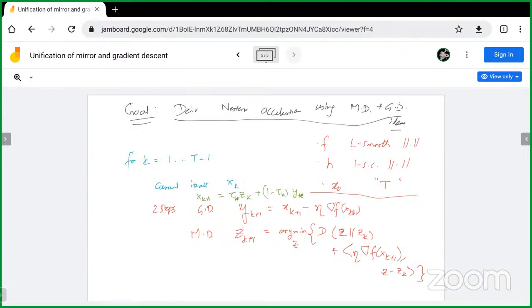Okay, so let's understand this. At any point, you do two steps: the gradient step and the mirror step. The gradient step you do on the previous x iterate, which was the linear combination of the previous z and y iterates. And the mirror step you do on the previous z iterate.